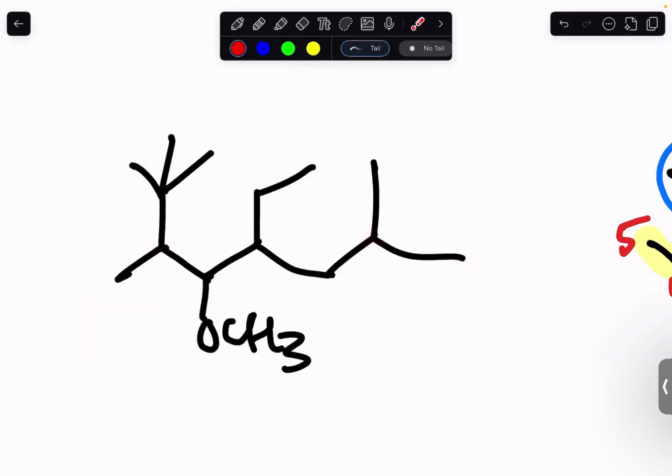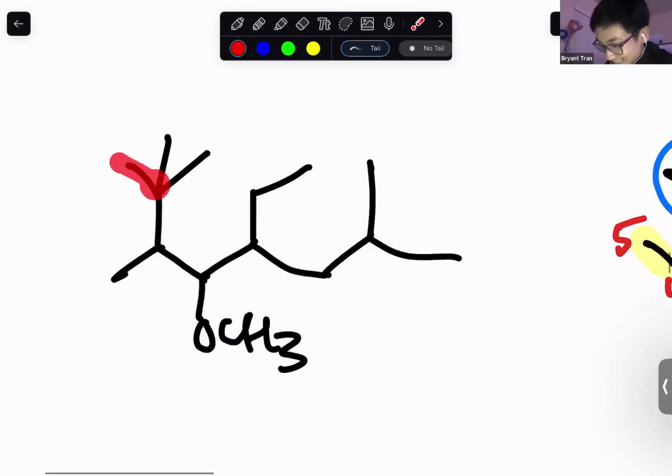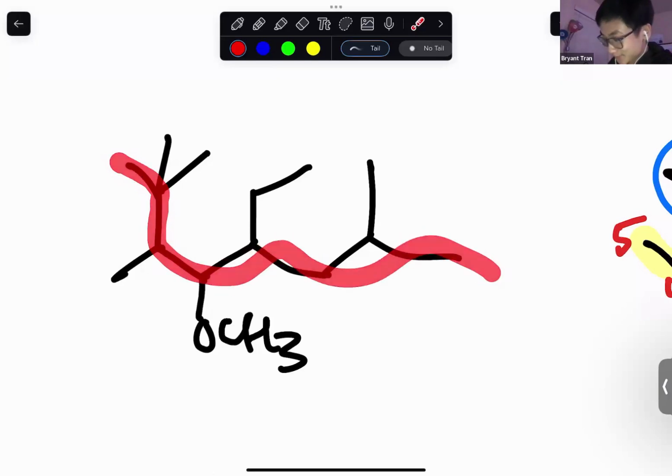Oh, yeah. So if you're going from right to left, we don't have a substituent, so we would go left to right. Yes, that's how you would do it if it was seven carbons long, but the main chain is actually longer than that. Try to find the longer chain. Oh, is it from the tert-butyl? Yes. Going like this right here.